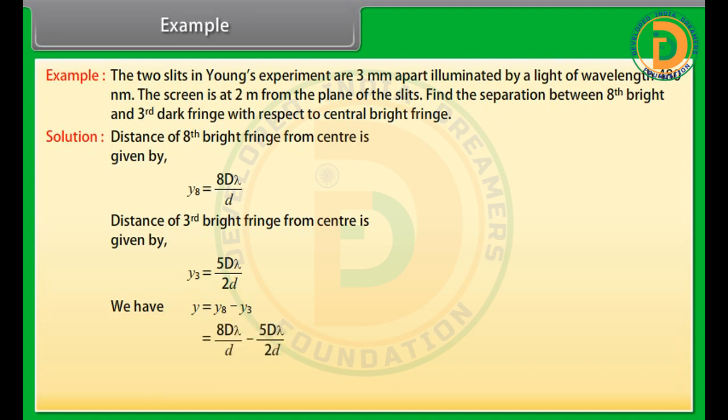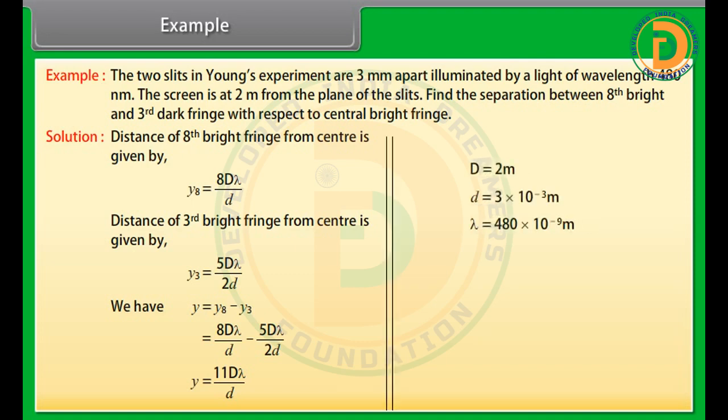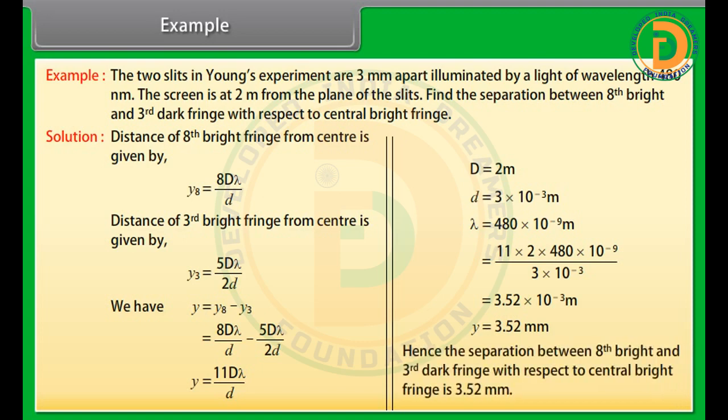By putting the values and calculating, we get y is equal to 11Dλ upon 2d. Putting the values in the above equation and calculating, we get the value of y is equal to 3.52 millimeter. Hence, the separation between the 8th bright and 3rd dark fringe with respect to the central bright fringe is 3.52 millimeter.